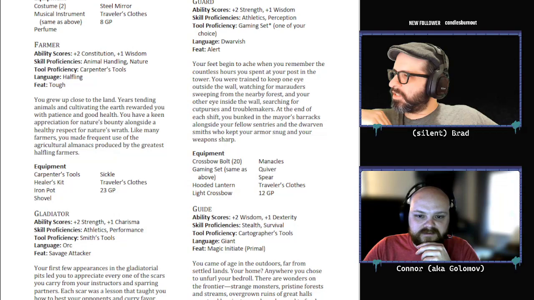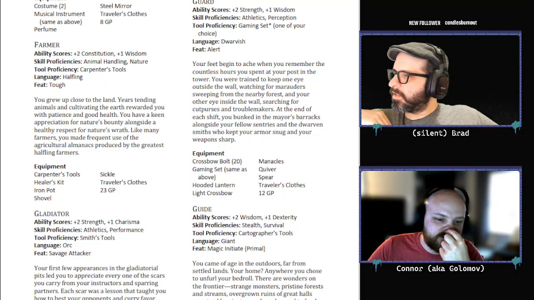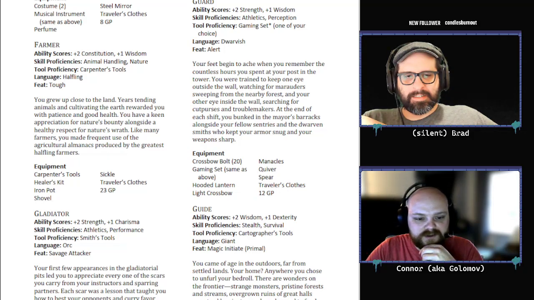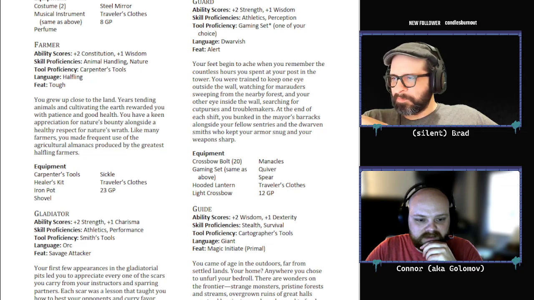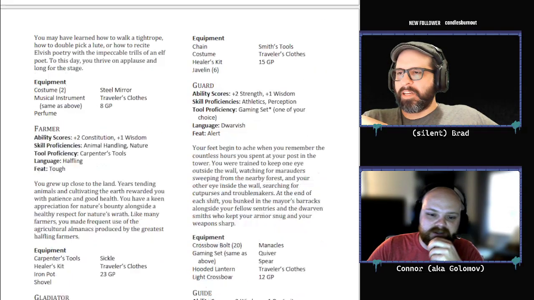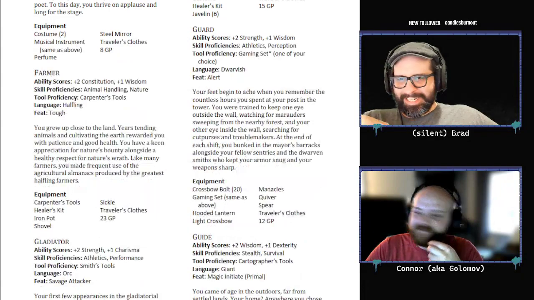Tool proficiencies, disguise kit, and one musical instrument. Oh, sorry, we're talking Gladiator. Okay. So tool proficiencies, smith's tools, right? And then the equipment is chain, costume, healer's kit, javelin. Oh, up there. I didn't scroll up there yet.